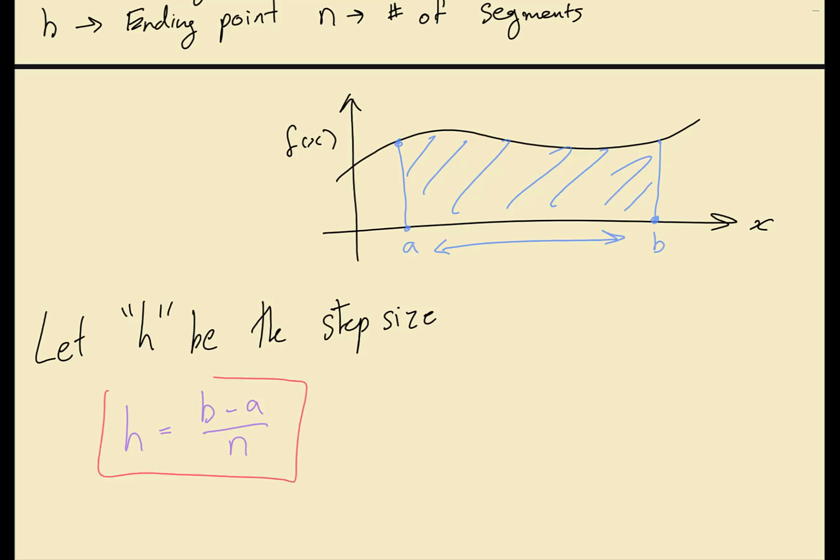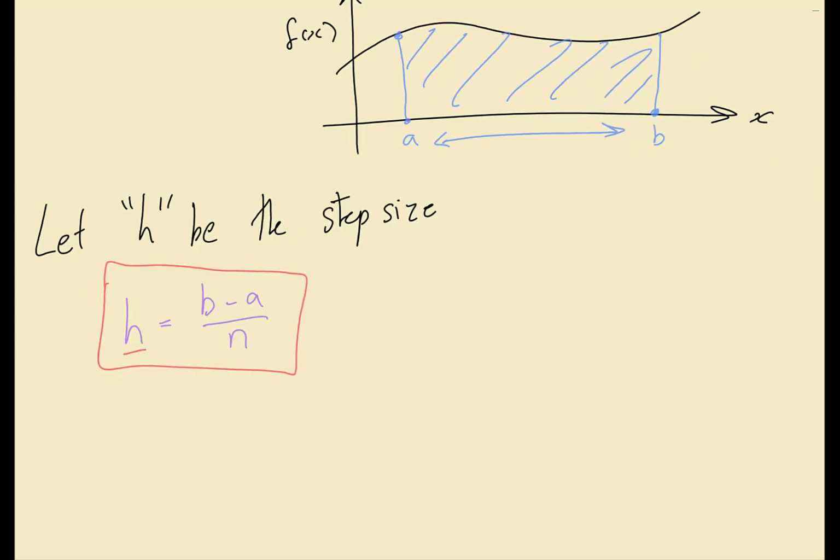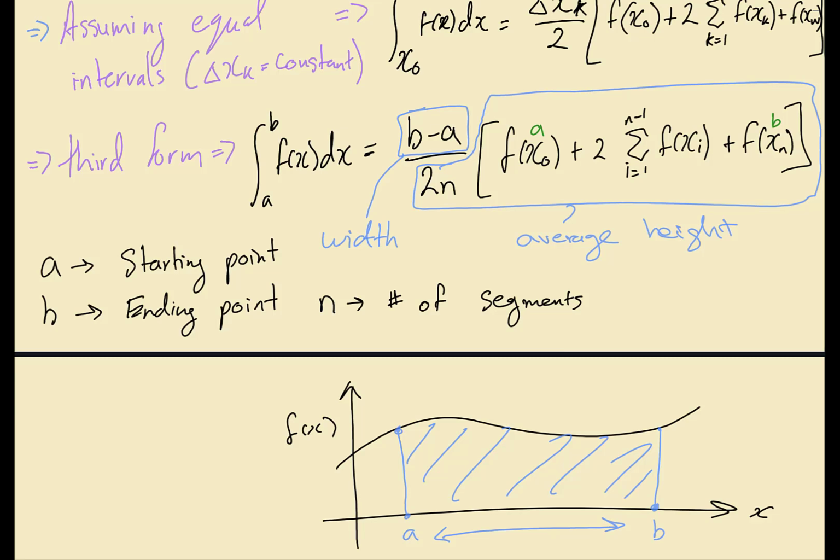This is an important equation, and this is essentially the width of every segment. Another form for the equation up here is where we plug in h, instead of b minus a divided by n.